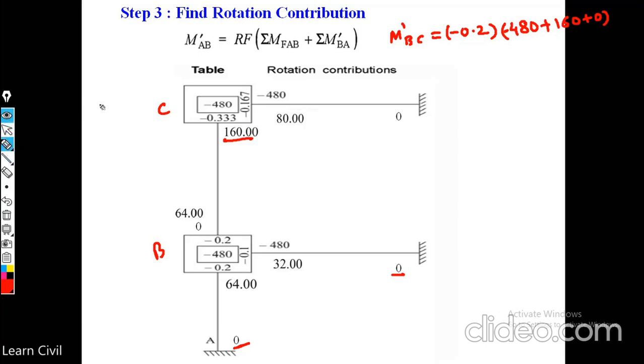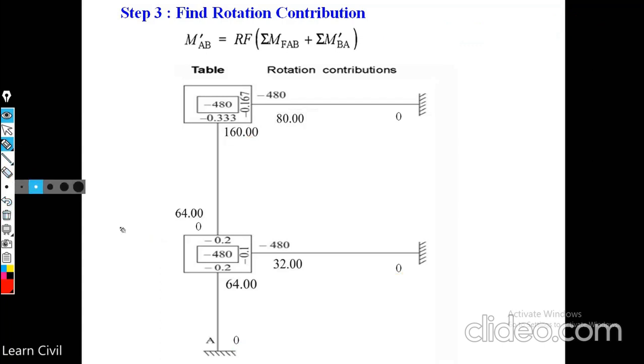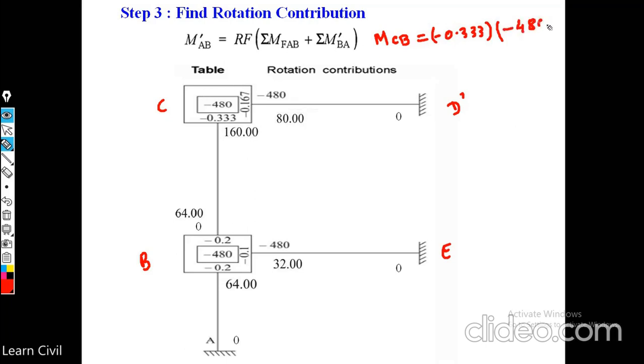Similarly, this was the cycle number 1. Similarly, we'll be going for cycle number 2. We'll be starting from joint C. So at joint C, two members are there, CB and CD dash. So rotation contribution for cycle 2 for member CB is equal to rotation factor for CB, that is minus 0.333, multiplied by summation of fixed moment, that is minus 480, plus rotation contribution at far end.